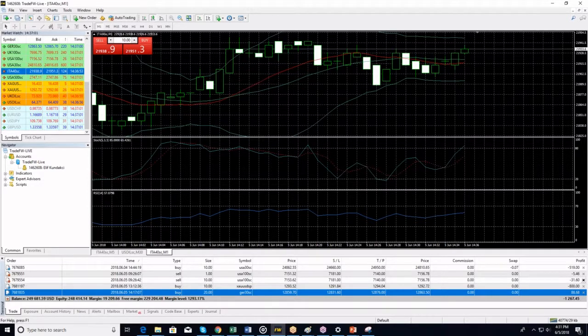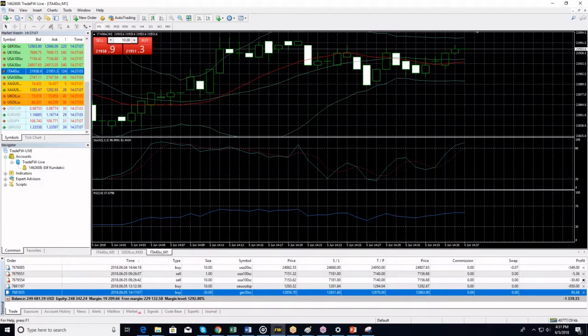Yes, we closed our trade in profit. This is how it should be. So we hope gold is getting there too. We will close our gold position with a nice profit.